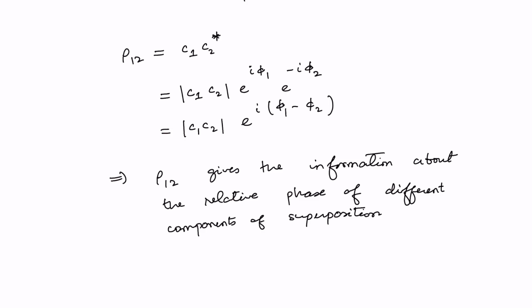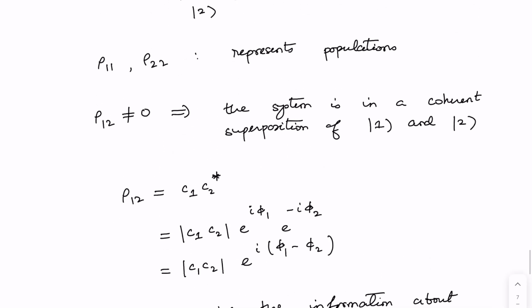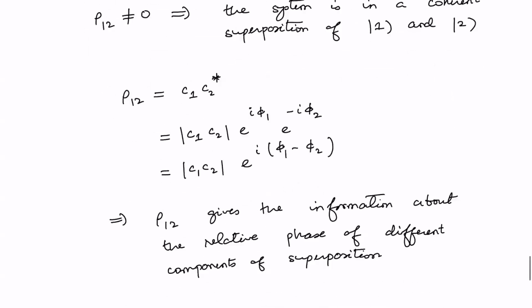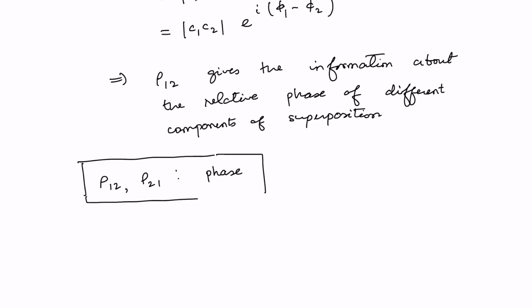And this is the physical meaning of the various elements in the density matrix, and this is very important. So to conclude, I would again stress that the diagonal elements represent population, and the off-diagonal elements, say rho 12 and rho 21, represent phase. Okay, they give the phase information.